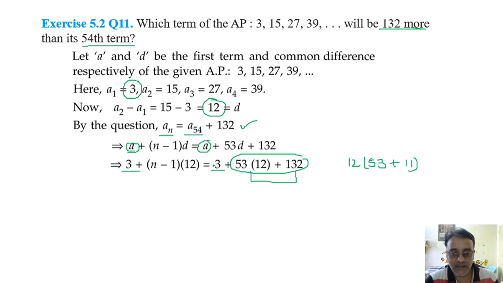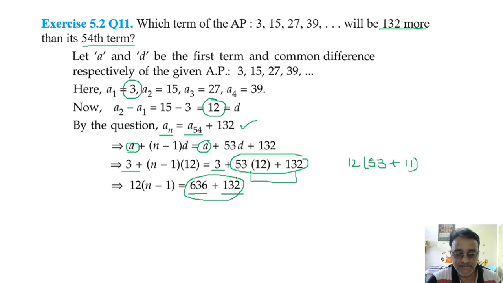Okay, now I am going to eliminate A from both sides, and 53 into 12 is 636 plus 132. If you add these two, you will get 768. 768 is divisible by 12, so we will divide it and we'll get 64.